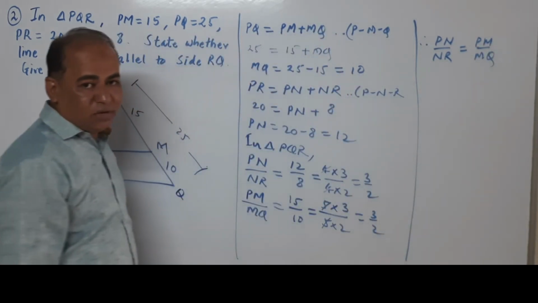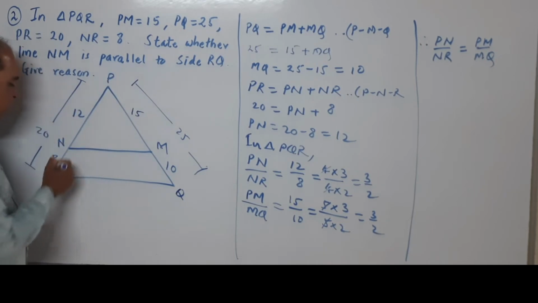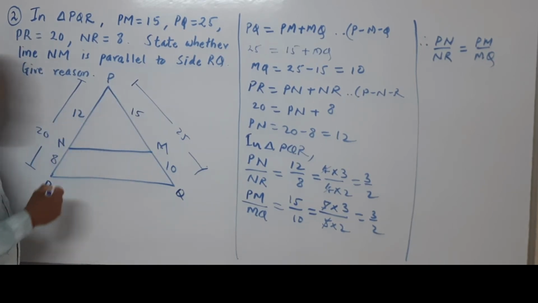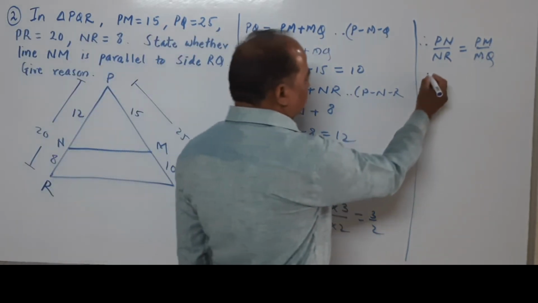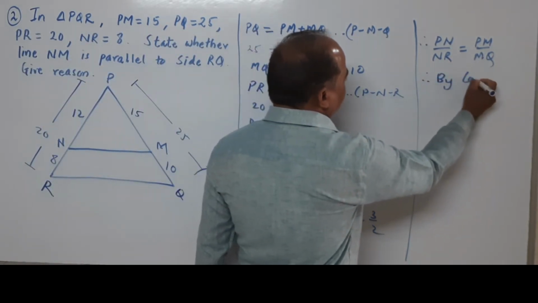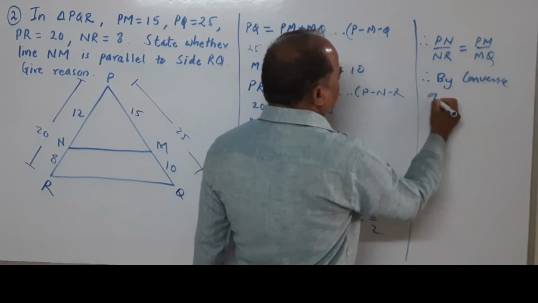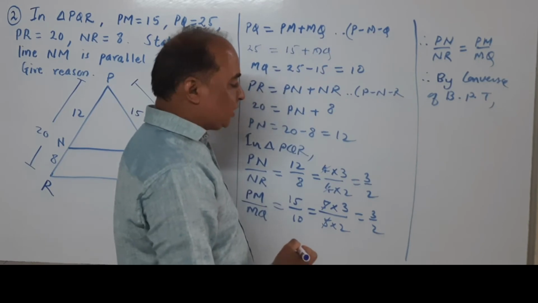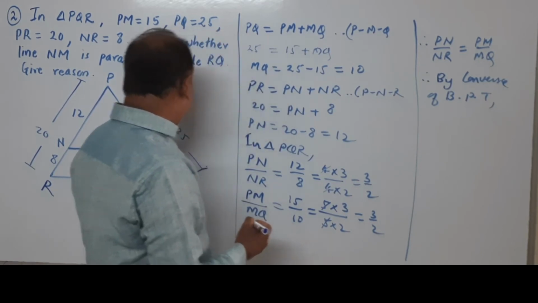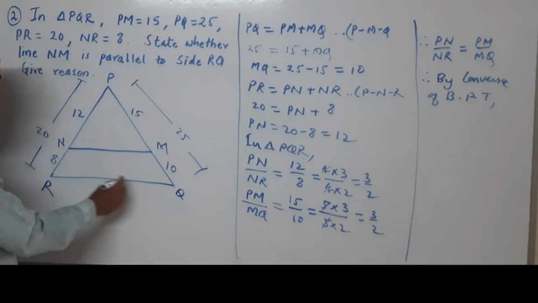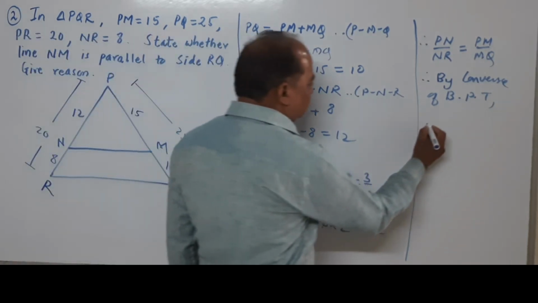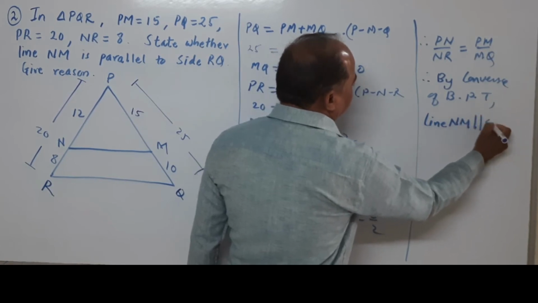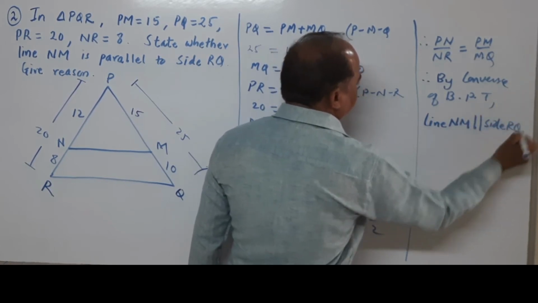Both the ratios are equal. Since in triangle PQR the corresponding sides are in proportion, therefore by the converse of the basic proportionality theorem, which tells that if the ratio is equal then the line is parallel, line NM is parallel to side RQ.